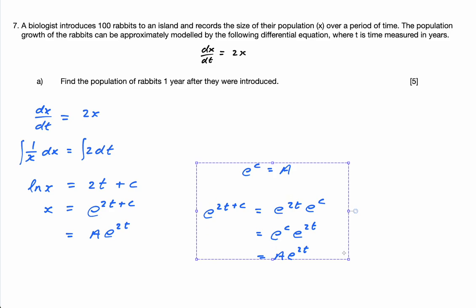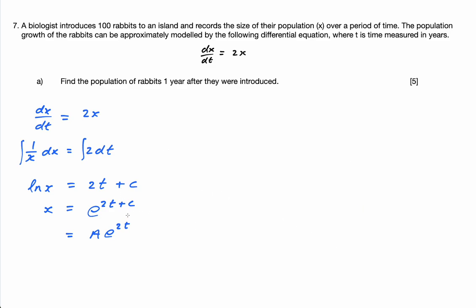Anyway, I'll get rid of this. It'll still work if you just leave it as c, but you'll see this is a nicer way to do that, and I'll just find a. So this is x equals a e to the 2t. Instead of finding c, I'm finding a. To find a, I need an initial condition.